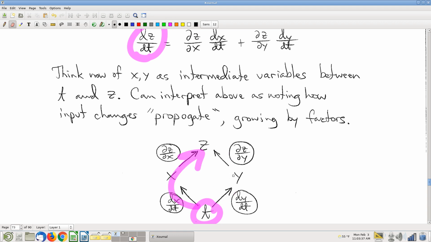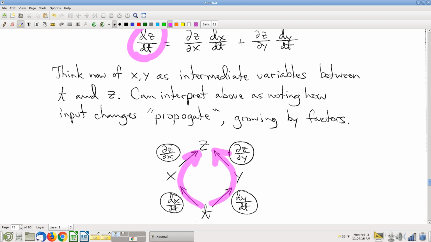So let's start with this one. When you change t, you're going to also be changing x. And furthermore, when you change x, that change in x is going to cause a change in z. So this is what I call a propagation of change along a path. And now, by the way, also, when you change t, that's going to simultaneously cause a change in y, which, when you change y, that will also cause a change in z. So, to shorthand it, the change that we're interested in is going to propagate along these two different paths.